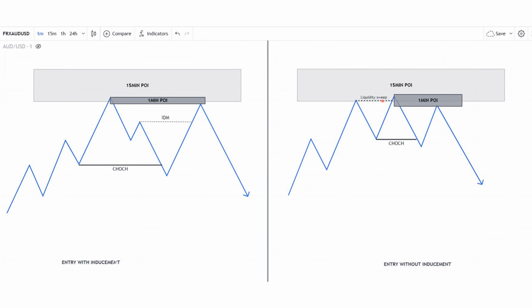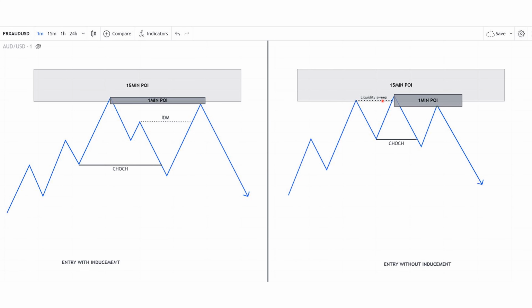Here our liquidity was on inducement, so no wonder we needed inducement to be taken out before we could take a sell. Here liquidity has been swept on the last recent high, and then it formed a change of character, so you can take a trade if there's any point of interest here. You can take a trade right here.